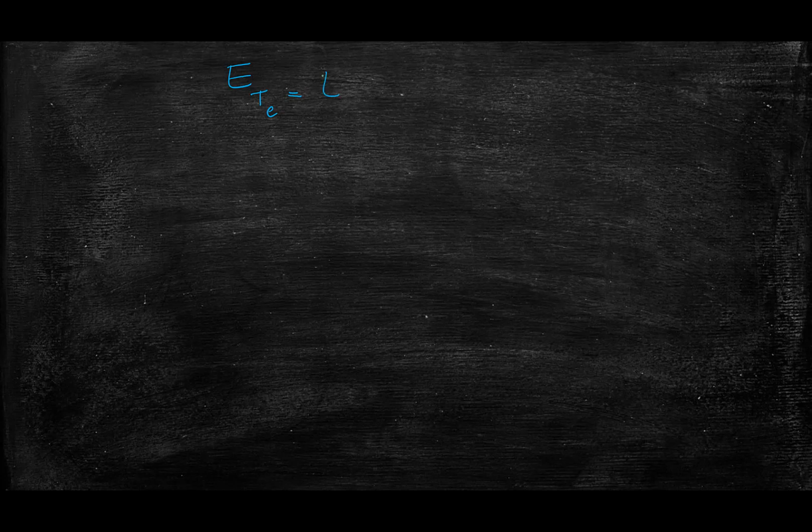and that is equal to E naught plus the kinetic energy, I can rewrite that as rest mass of electron times c squared, plus the rest mass of the electron again times c squared times (gamma minus 1). So this is E naught and this is kinetic energy. This is just all given.